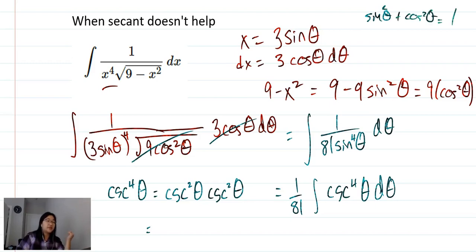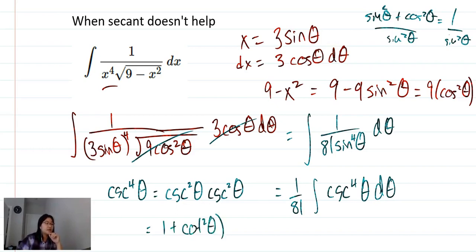So if we're dividing by sine squared, then we get cosecant squared is 1 plus cotangent squared theta, times cosecant squared theta. And so in our integrand, this is actually what we have.